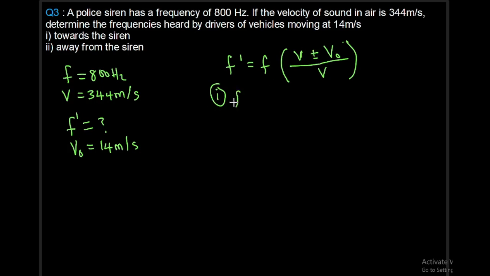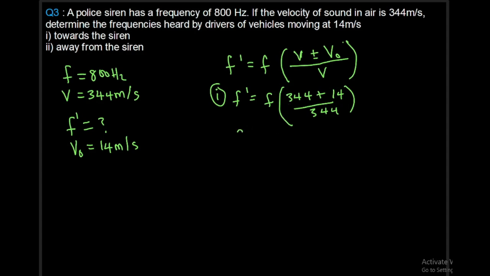So our equation here will be apparent frequency equal to actual frequency multiplied by the velocity of sound, which is 344, plus the velocity of observer, which is 14, all over 344. We are using plus here because we have the observer moving towards the source of sound.